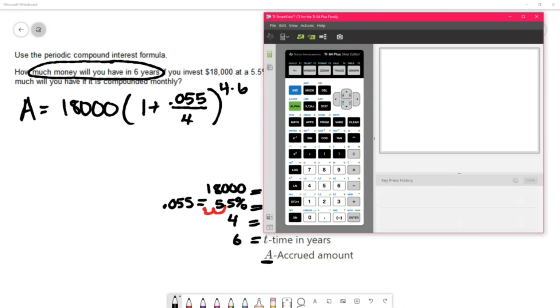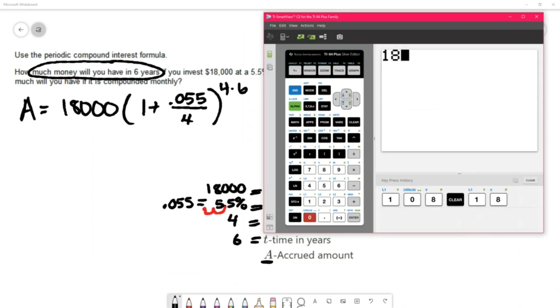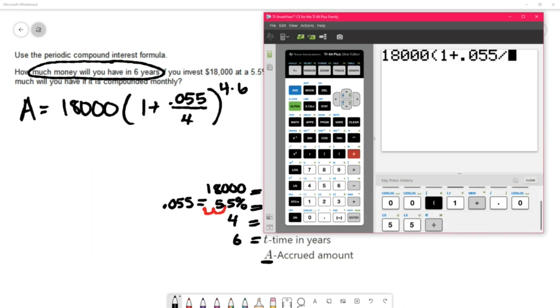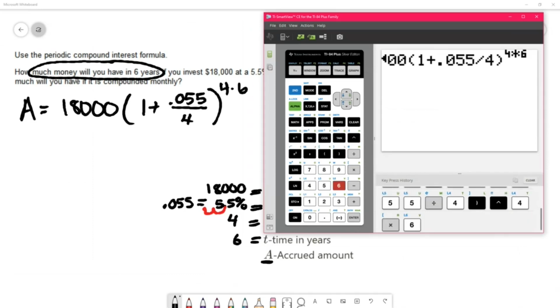We're going to type our values into the calculator. This particular calculator will allow you to type the entire expression. We have 18,000 times 1 plus 0.055 over 4 raised to the 4 times 6 power.